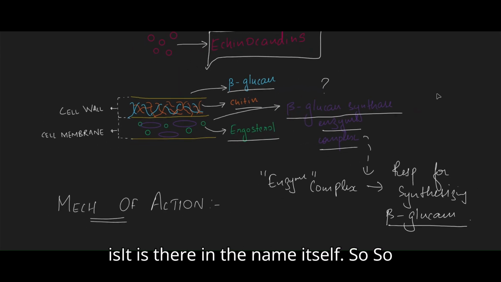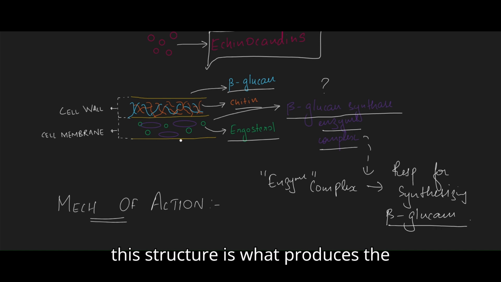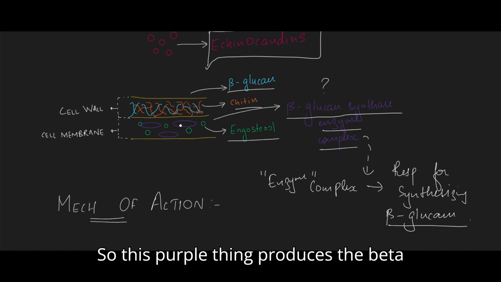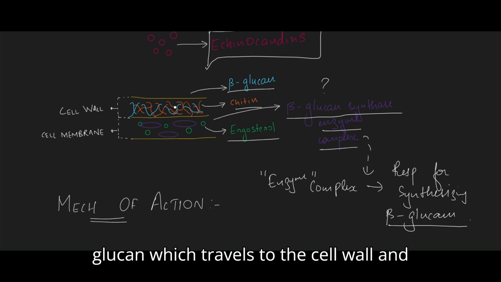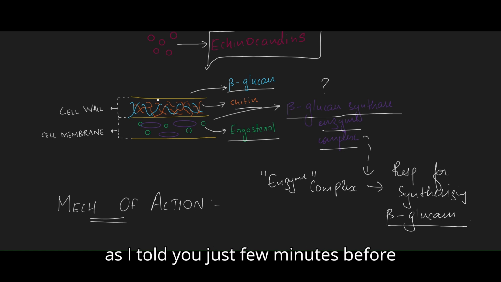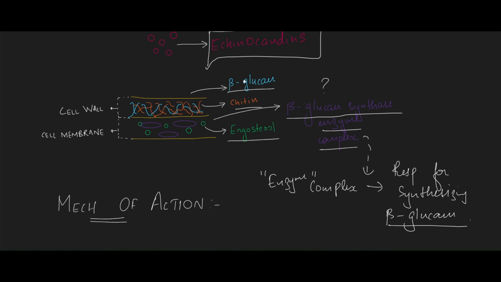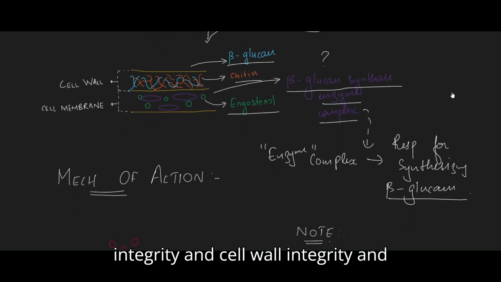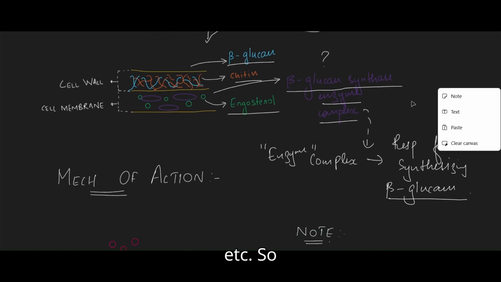I mean, it's there in the name itself. So this structure is what produces the beta glucan. Now this is the beta glucan. So this purple thing produces the beta glucan, which travels to the cell wall, and as I told you just a few minutes before, is responsible for the cell membrane integrity and cell wall integrity and so on.